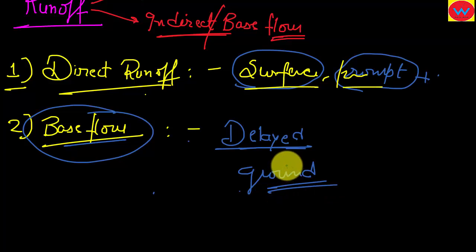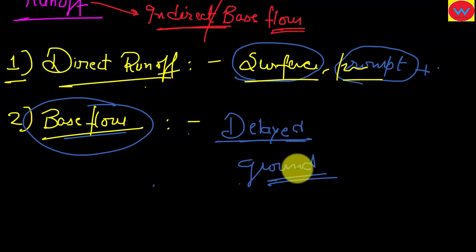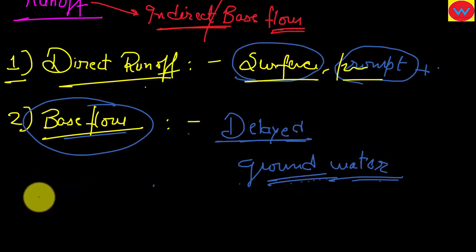And all the water contributed through surface flow or prompt interflow, or through directly falling into stream is called direct runoff. So base flow, we have said it is groundwater, and we will be using this concept in hydrograph or derivation of hydrograph also. So kindly pay attention to this concept, it is going to be a critical concept.